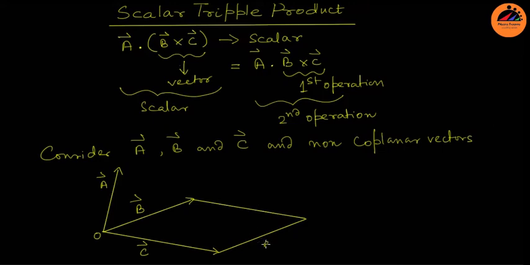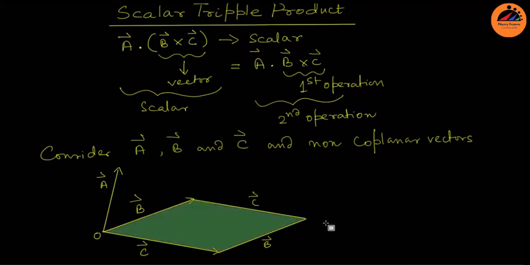So this is the B vector and this is the C vector, and this is the area. This is the magnitude of B cross C.